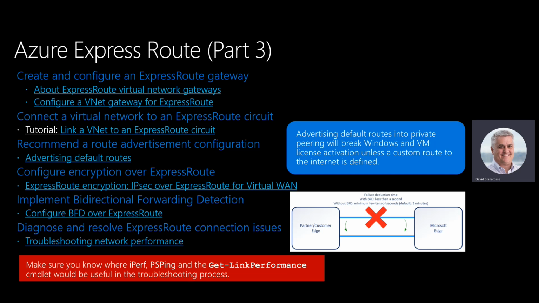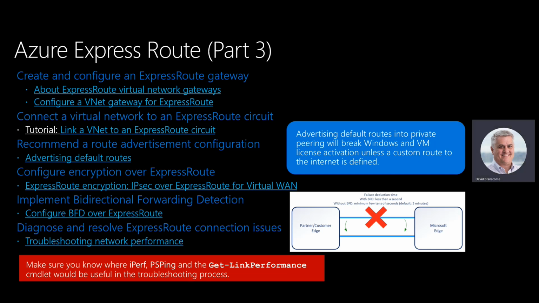Defining default routes is permitted only on Azure private peering. So in that scenario, Microsoft is going to route all the traffic from any associated virtual networks to your on-premises network.